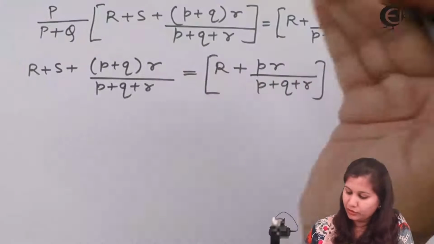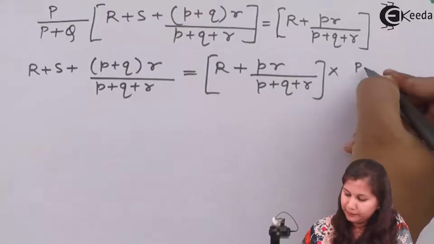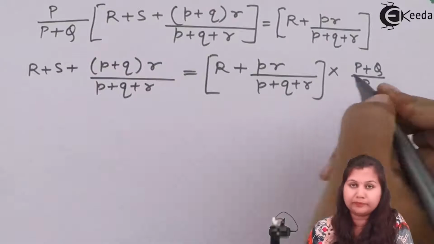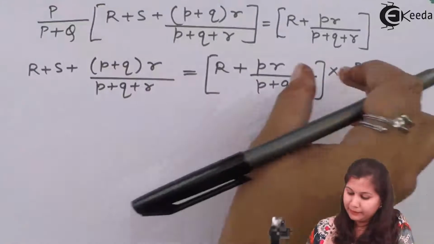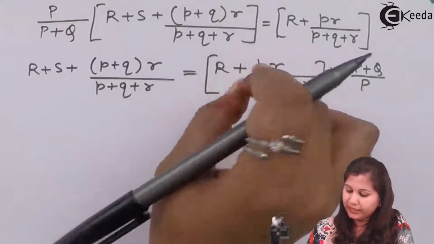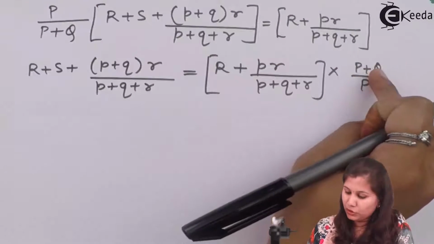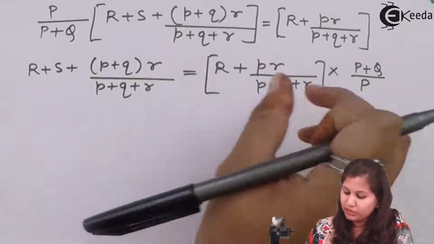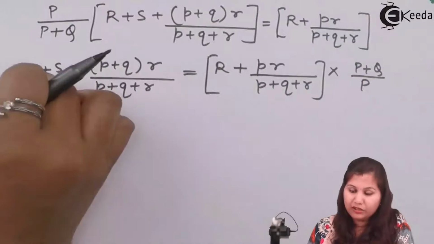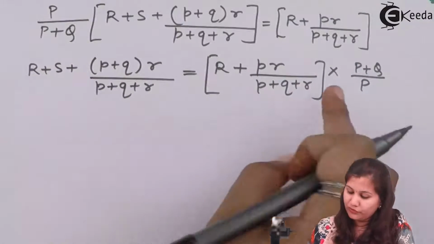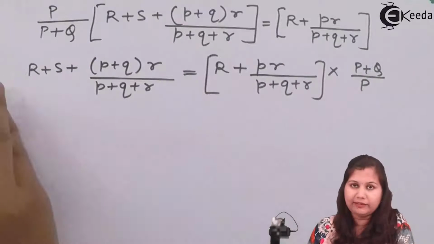So when we send it on the right hand side, it will become P plus Q upon P. Then multiply it inside the bracket. What we will get: R into P plus Q upon P. So this is the expression for R, and here we are having R also. So we are going to bring that on the left hand side.